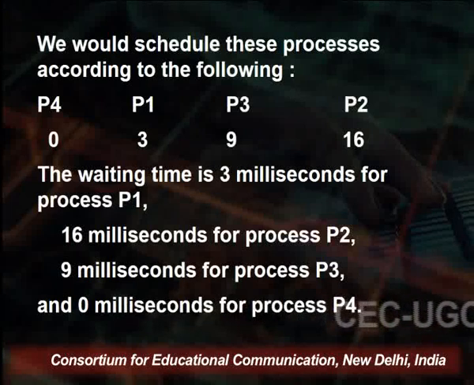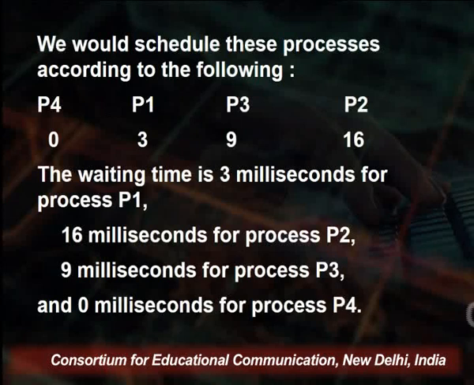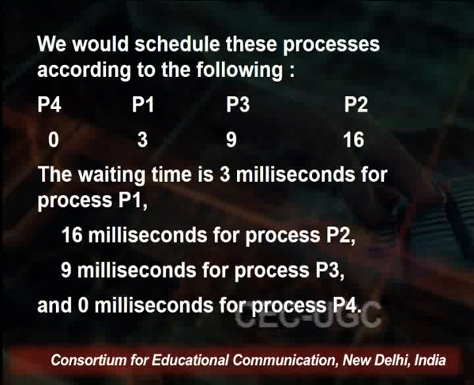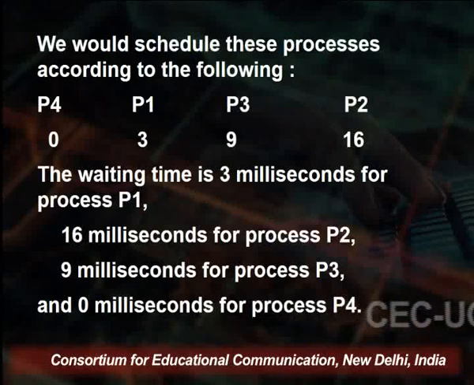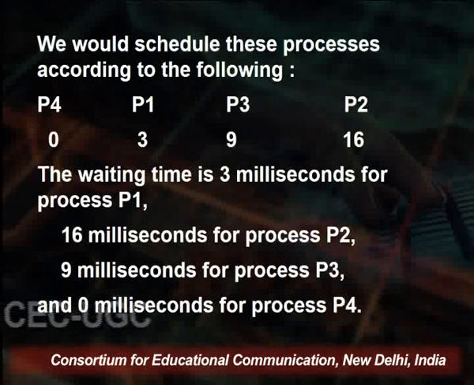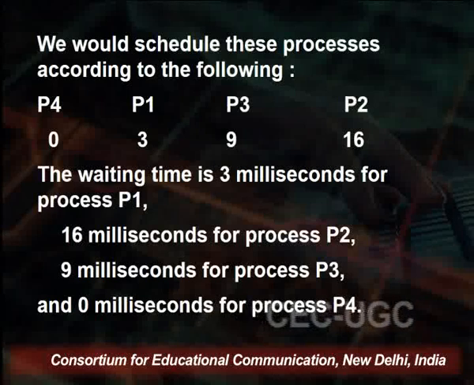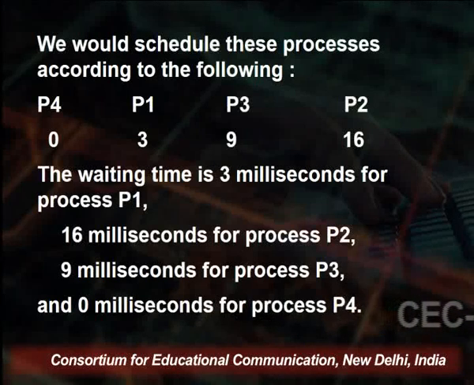Then after 3 seconds, at the 3rd time interval, P1 is going to get the control. It is looking for the CPU for 6 seconds, so 3 plus 6 gives you 9. P3 will take over after P1, and P3 needs it for 7 seconds. So 9 plus 7 is going to give us 16.